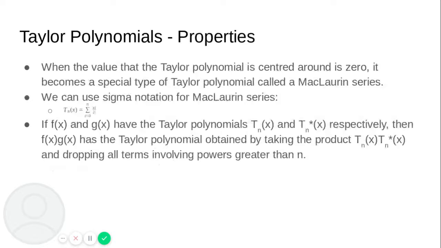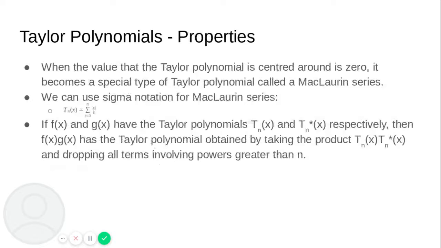Now, some properties of the Taylor polynomial. When the value that the Taylor polynomial is centered around is 0, it becomes a special type of Taylor polynomial called the Maclaurin series. We can use sigma notation for the Maclaurin series, which you can see there.